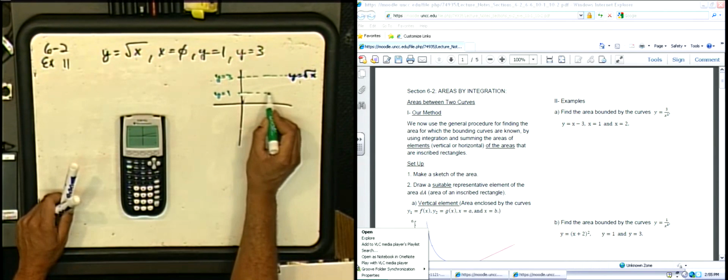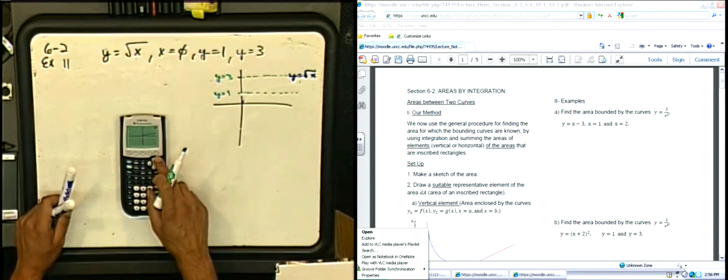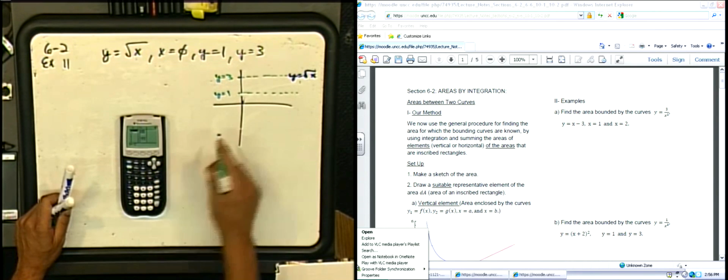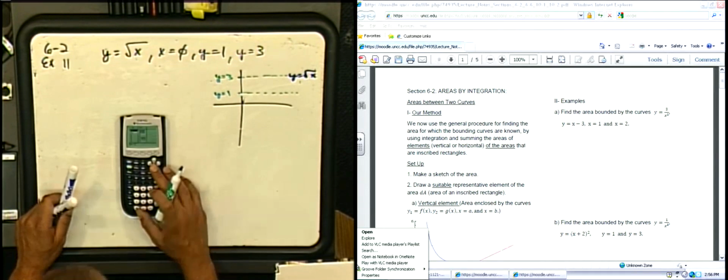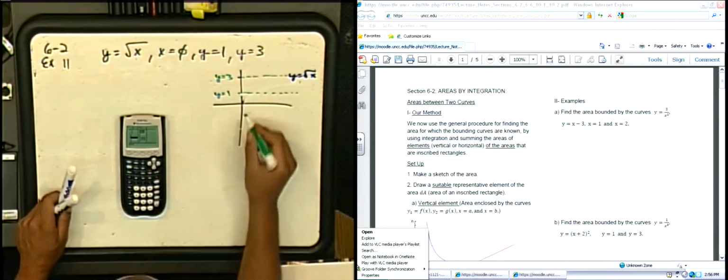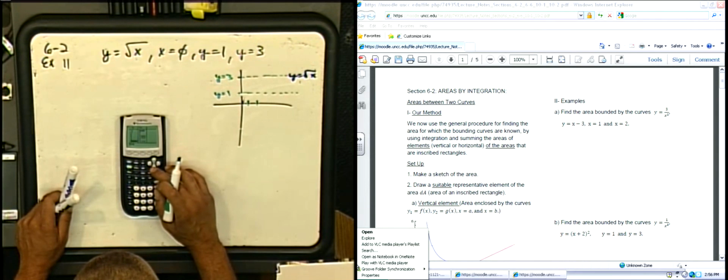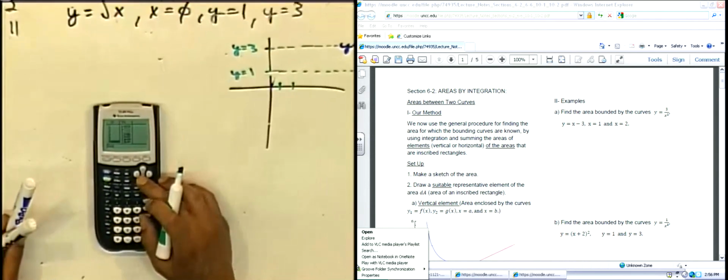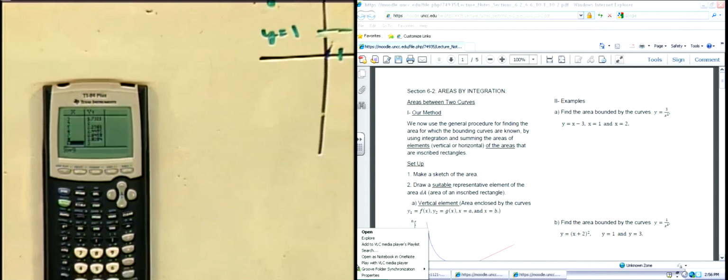Okay, grab a table. So at 1, I don't get to 3. My function does not get to 3 until x is 9. So somewhere down here.